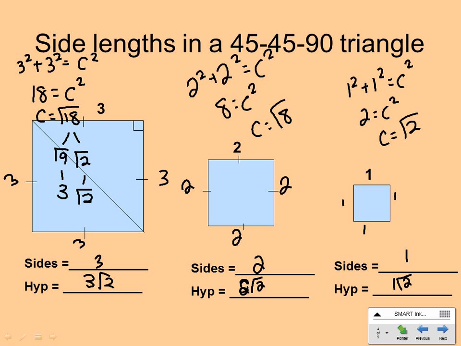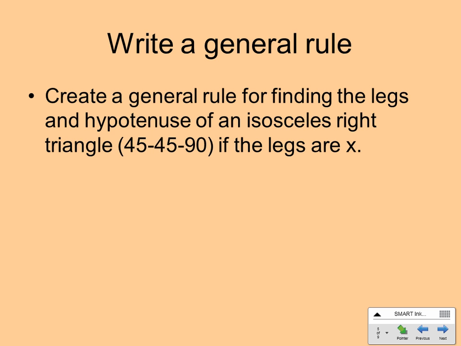Going up, yeah, you will. So if you have a square with side lengths all 6, it'd be 6 squared plus 6 squared equals c squared, which ends up being 6 radical 2. Yep. So, what is our rule? If we just draw in our 45, 45, 90 triangle, these are the same.